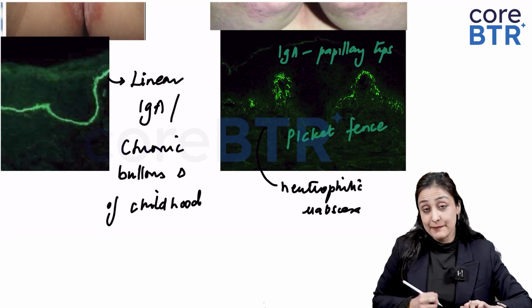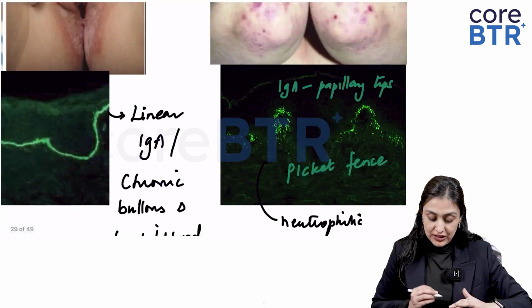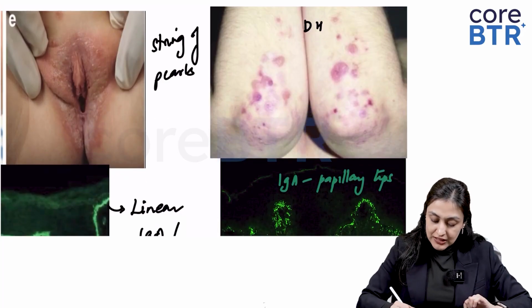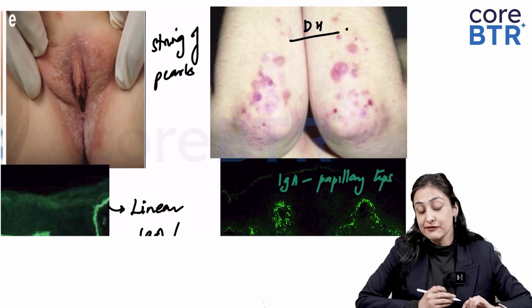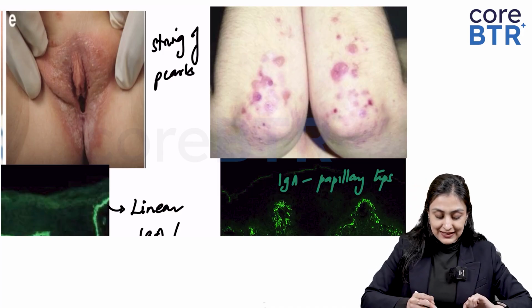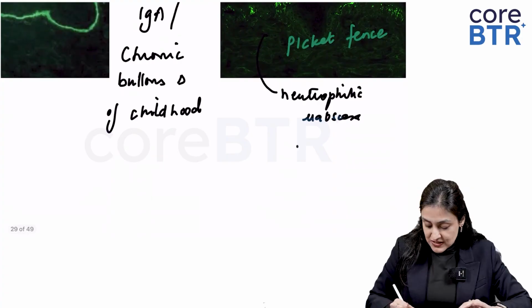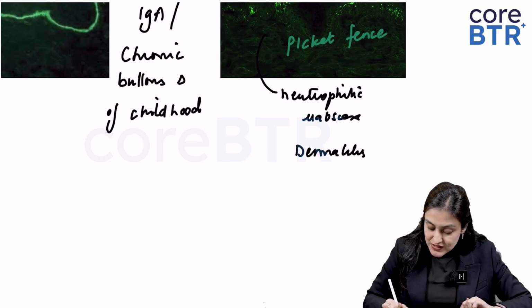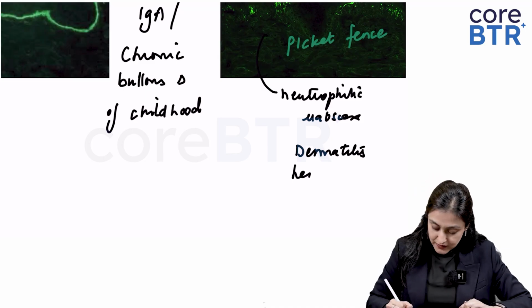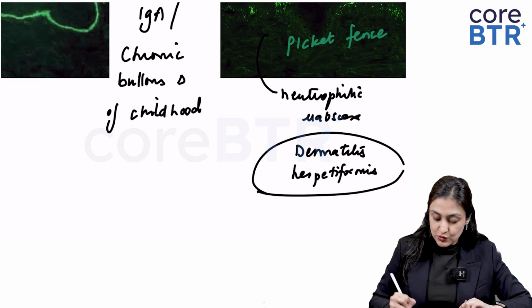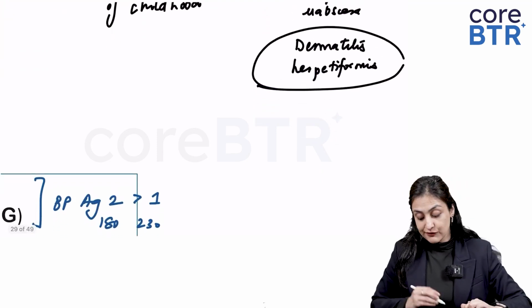Because of these abscesses you see a lot of itching, and that's why the misnomer dermatitis herpetiformis. They will say that there are these red itchy lesions on the extensor surfaces. Because it is itchy, they call it dermatitis. Because it is red, it is called herpetiformis. So this is one more strong misnomer, dermatitis herpetiformis.